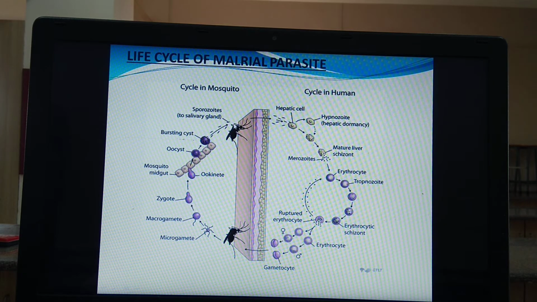Okay, so remember that the stage which is present in the salivary gland of the mosquito is called the sporozoite. When this mosquito bites a healthy person, which stage will enter into the healthy person? The stage which enters into the healthy person is the sporozoite.